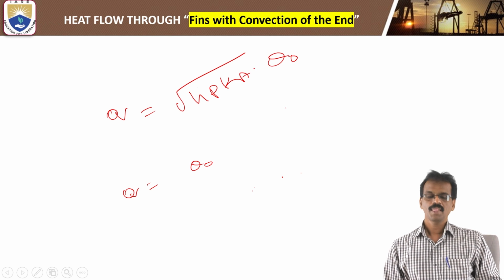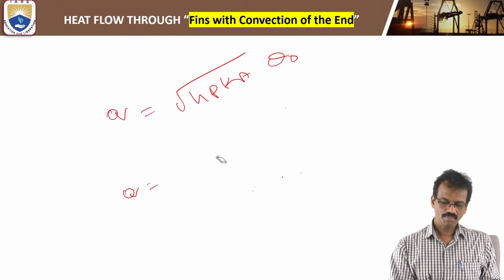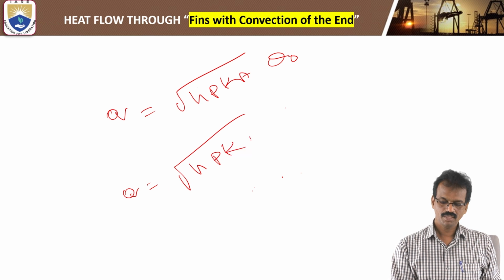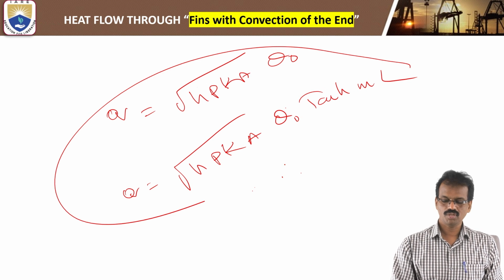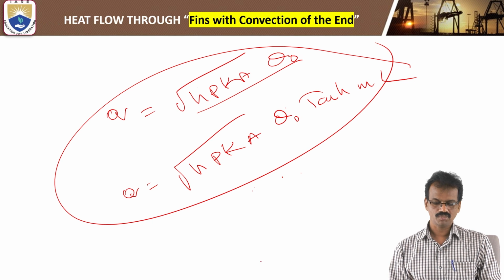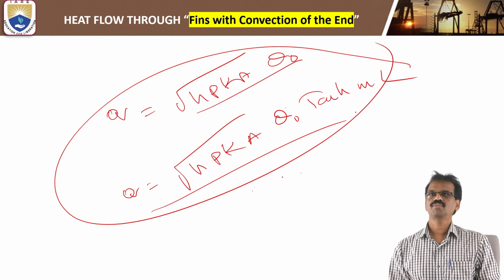That is the formula for the long pin. For the insulated end, it is the square root of hPkA theta naught into tanh mL. You have to remember these two formulas. This is the rate of heat transfer formula for the long pin, and this is the short pin formula, that is, the insulated end pin formula.